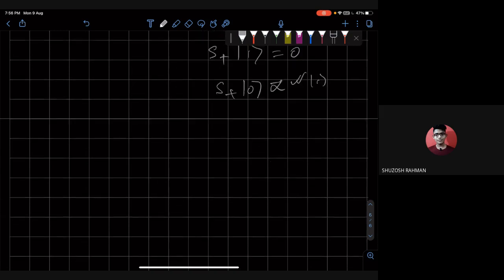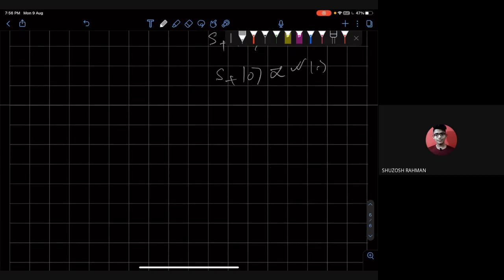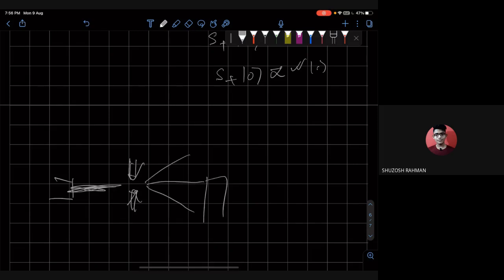It says that you have a Stern-Gerlach experiment, and you get some beam, but it's spin 1. So this is your magnet, and you get 3 beams. What you do is block 2 of them.